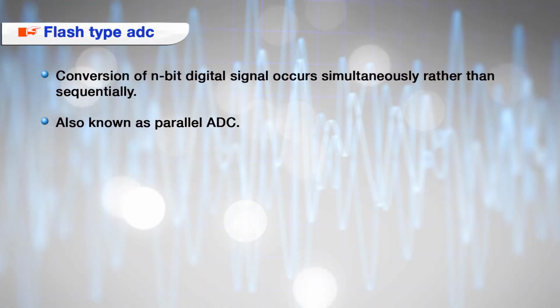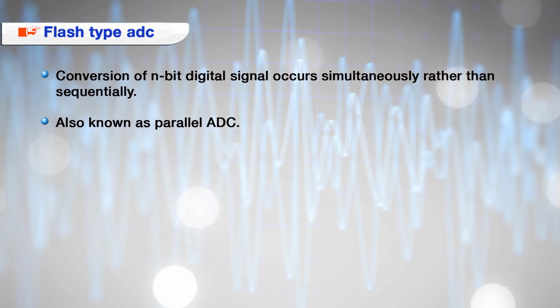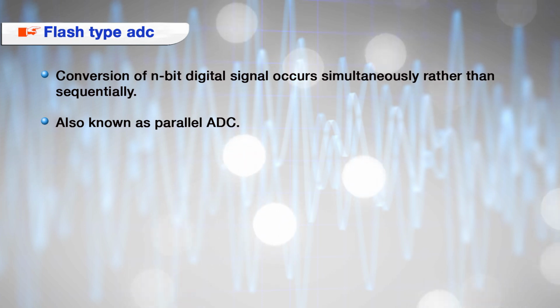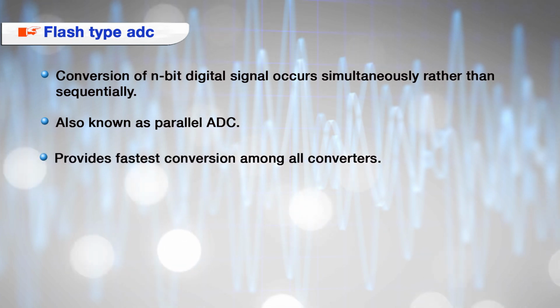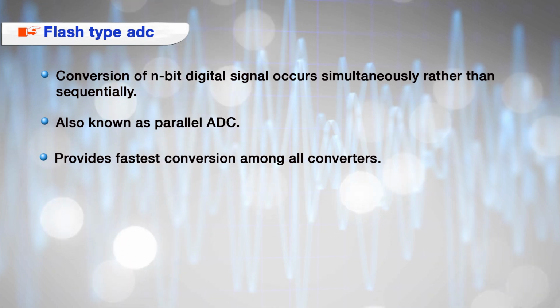So flash type ADC is also known as parallel ADC because conversion of the n bit digital signal occurs simultaneously rather than sequentially. Due to this reason, it provides the fastest conversion among all converters.